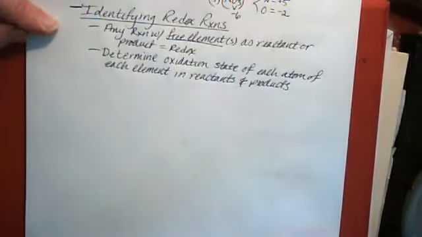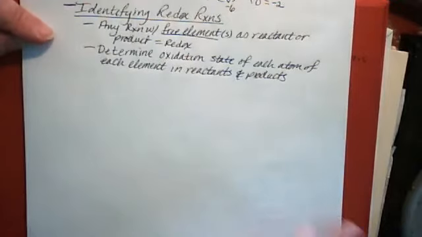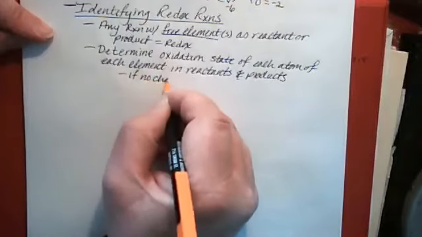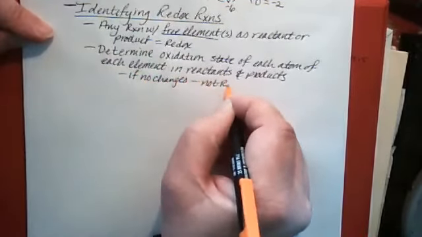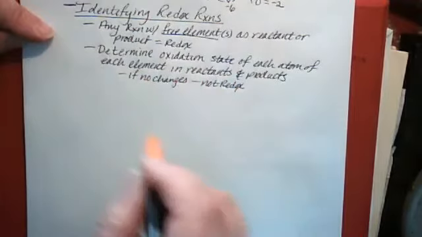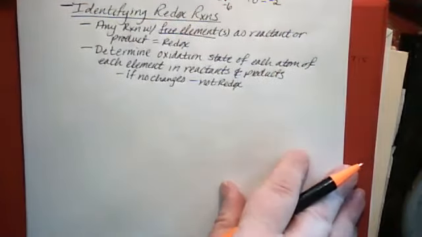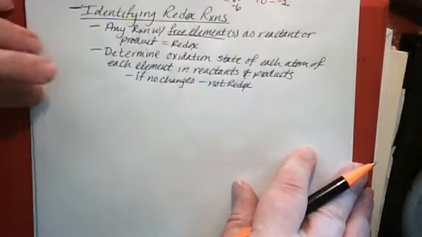And it can be kind of a tedious process in some reactions, but it's basically what you got to do to make sure. If you determine the oxidation state of each atom of each element in the reactants and the products and nothing changes, that is, if all of the oxidation states end up the same as they started out, then it's not redox.